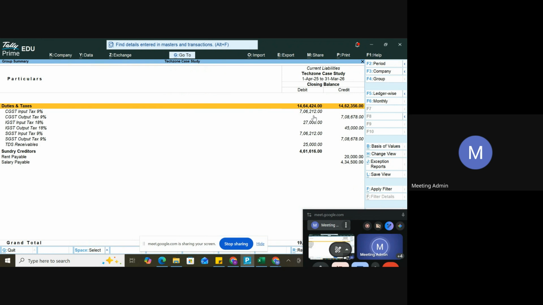Input CGST, because I did only 3 months accrued expenses yesterday, and I only did for quality test charges and the other two. I didn't do the marketing activity. Only I did for three months. And I did only one PO, not all.